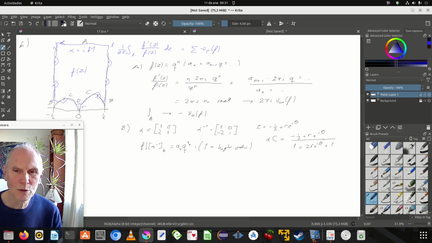So it's 2 times this, that's -2 plus 2. So it's minus, divided by 2r.